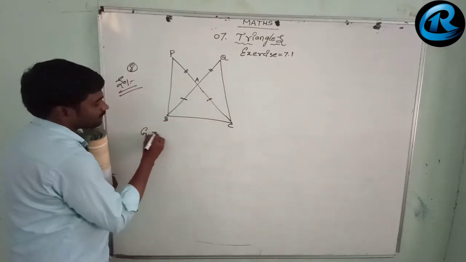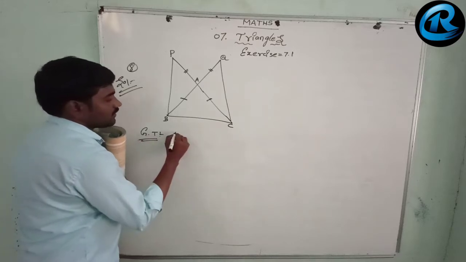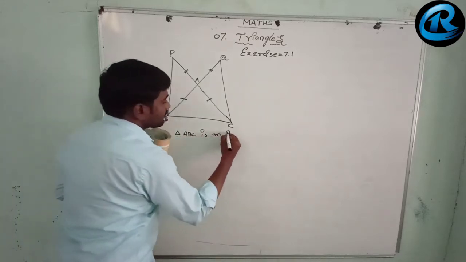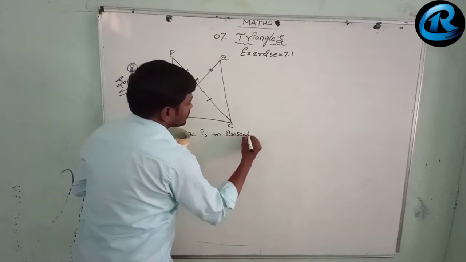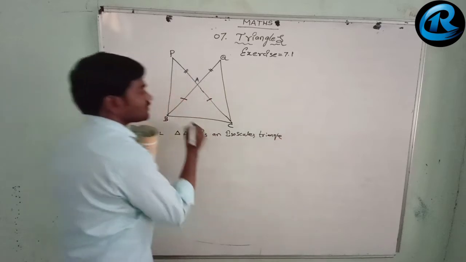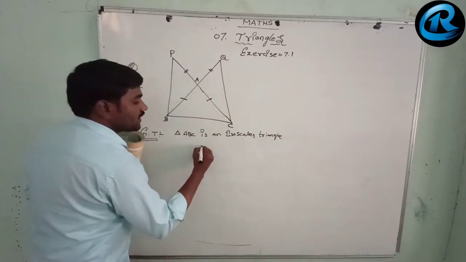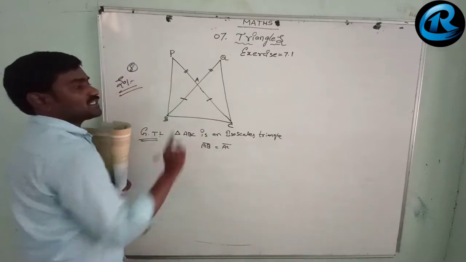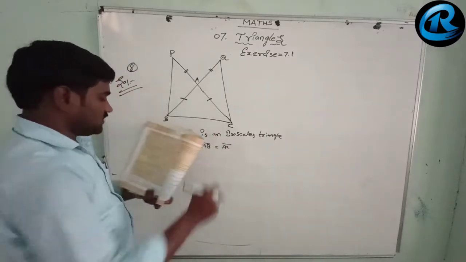Given that triangle ABC is an isosceles triangle, where two sides are equal. So here AB is equal to AC.